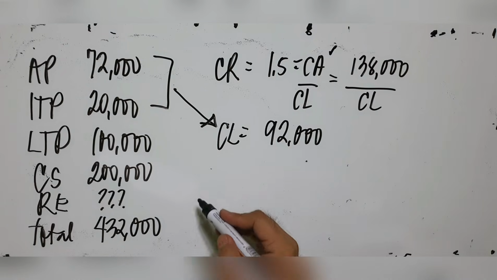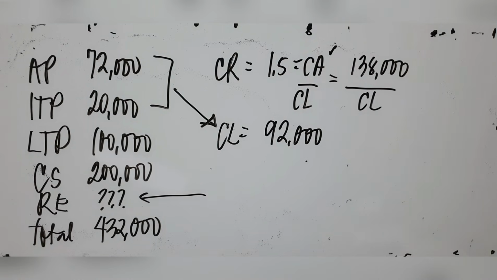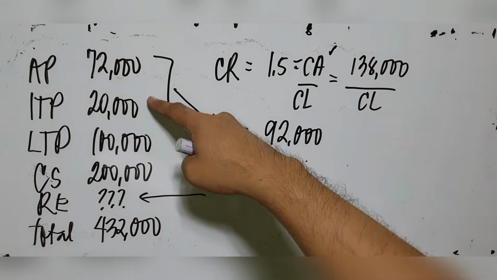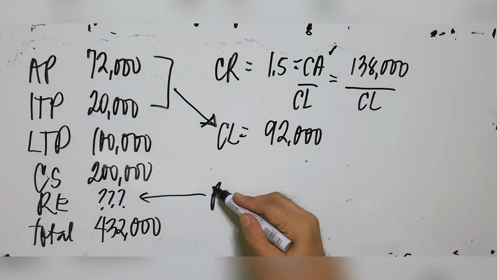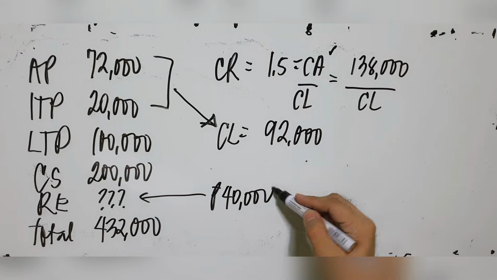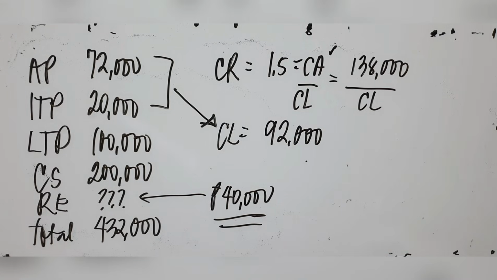Okay? Kaya naman, itong retained earnings natin, makukompute na natin. 432,000 minus lahat ng items na yan, and that would give us 40,000 as our retained earnings. Okay, so that's problem number 9. And now, we are going to proceed with problem number 10.